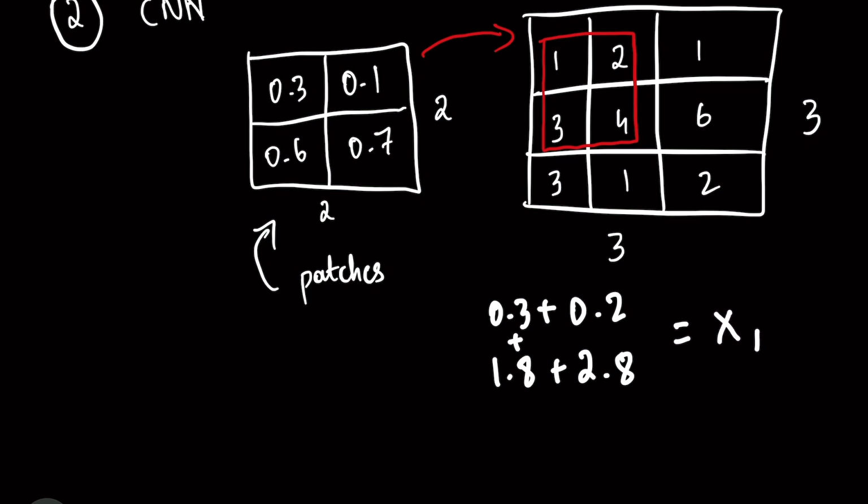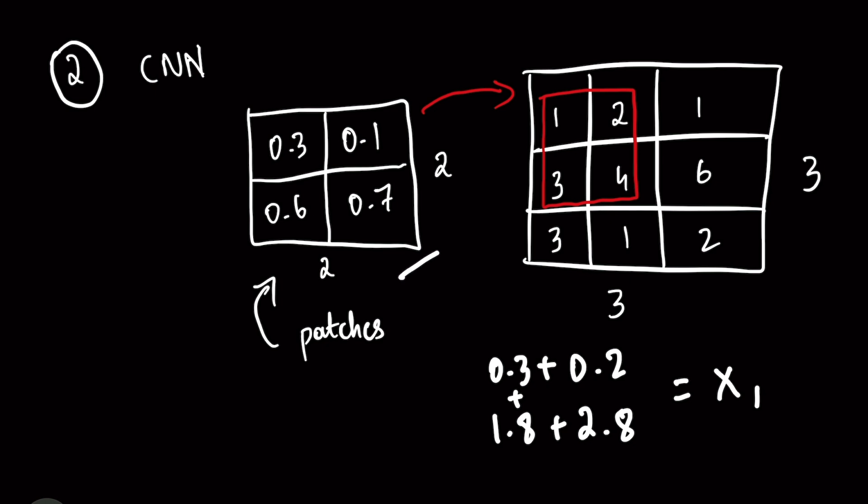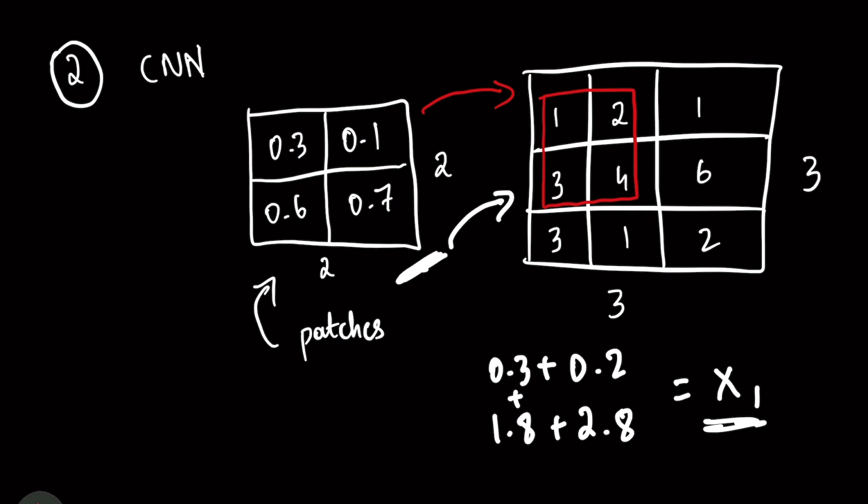Then you'll get a new value. Assume I write it as x1. So you place your patch on the image, multiply the values and add them, and you get a different value. After this is processed, you still have to look at the other part of the image, right? So you move this patch one step to the right.